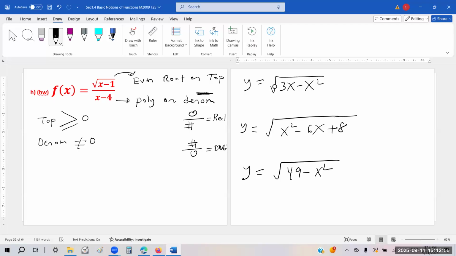3x minus x squared. Why you cannot? Check. When x is 1, we got a 0. We got a 0, you run 0. So we can use it. But there are 2 numbers, right?